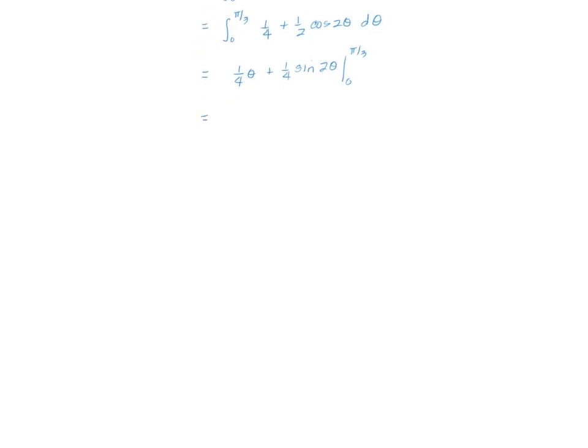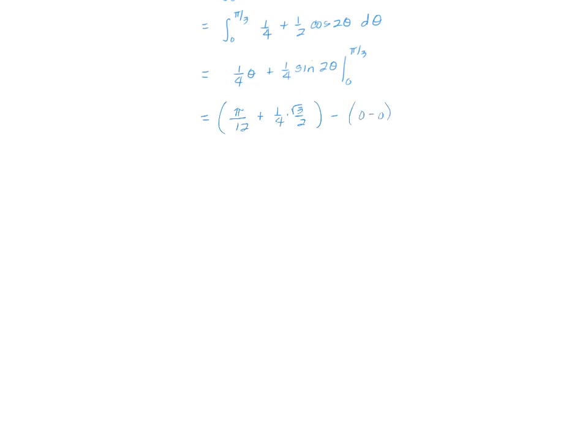Putting in pi over 3 for theta, I have pi over 12 plus, with 2 pi over 3 for sine, that would be square root 3 over 2 times 1/4, and then minus 0.